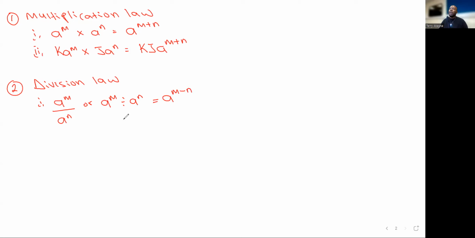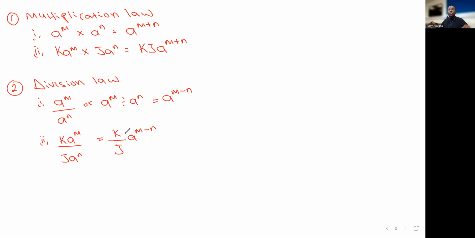And also, if you have coefficients or constants attached to the index, k a raised to power m divided by j a raised to power n will be equal to, you divide the coefficients, k over j, then a raised to power m minus n. So that's how you do it.